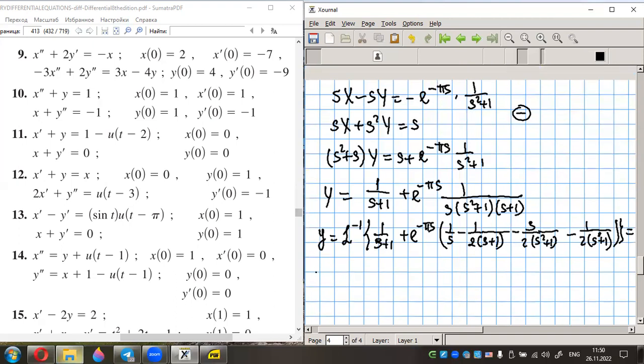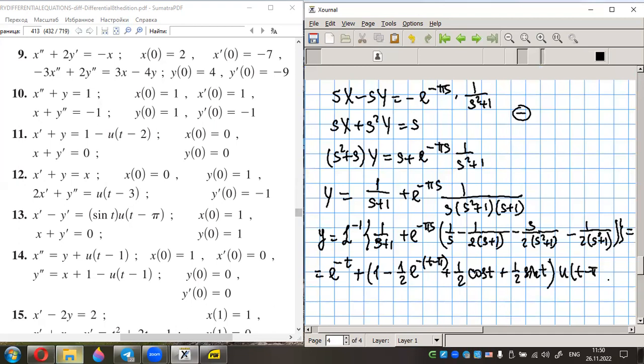If you simplify, you obtain e to the minus t plus [minus 1 over 2 e to the minus t minus pi plus 1 over 2 cosine t plus 1 over 2 sine t] u(t minus pi). Okay, is it clear?